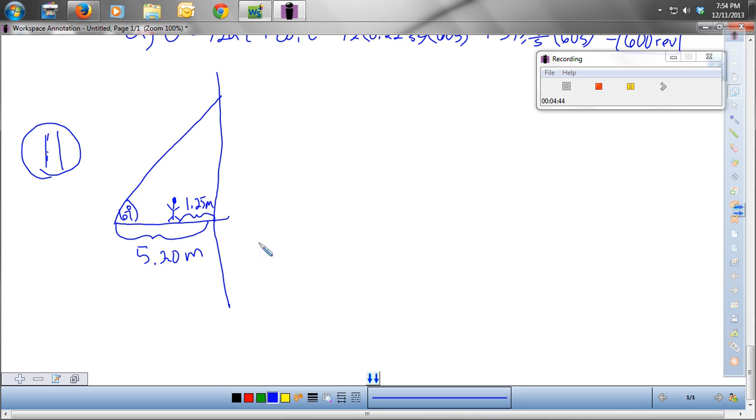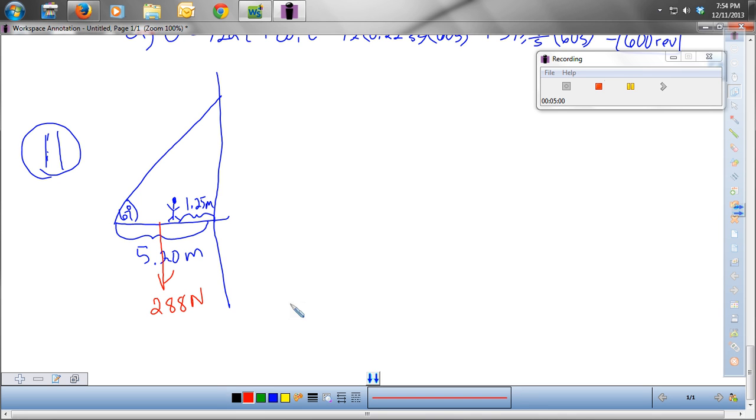So this is a torque problem, and they tell me that the beam itself weighs 288 newtons. Well, if it's a uniform beam, then right in the middle there's a weight of 288 newtons. And then they tell me that the man's mass is 75 kilograms, so I converted that into newtons.